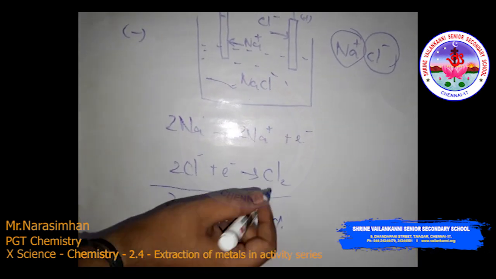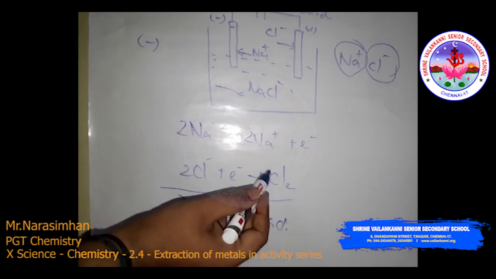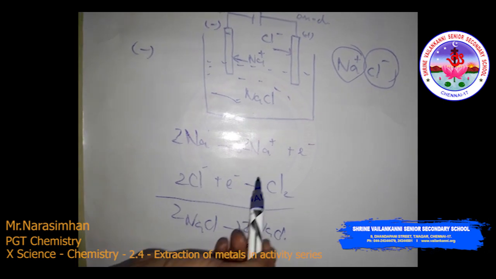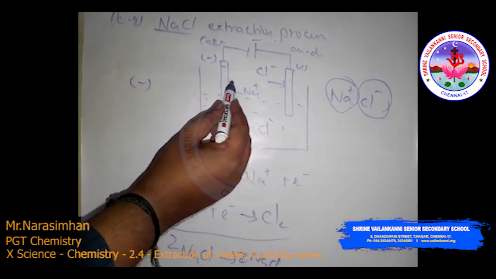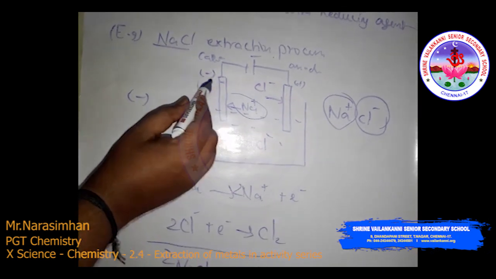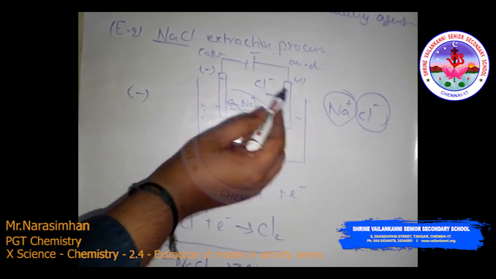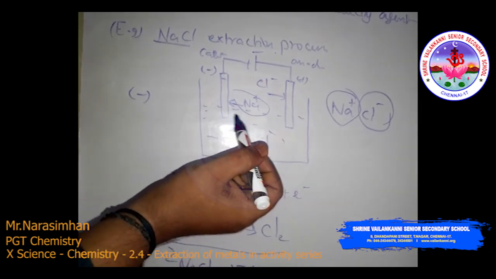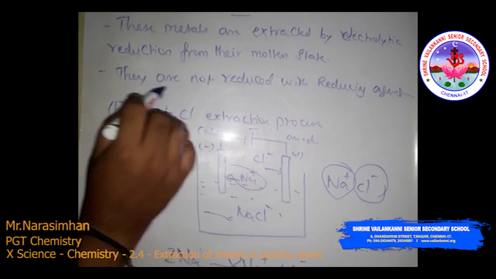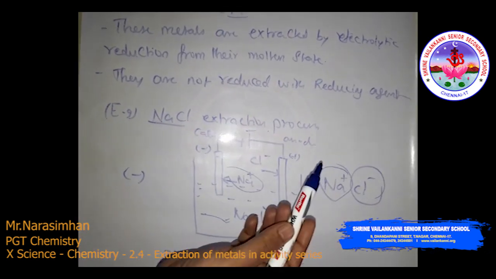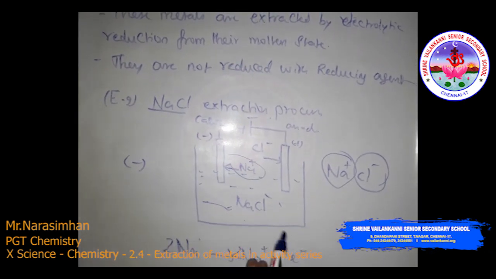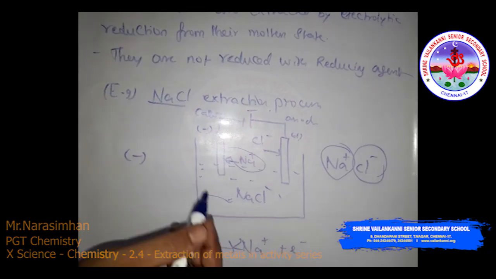Okay, so this is the cell reaction. The conclusion is that the metal, Na plus, is deposited at the cathode, and Cl minus is liberated at the anode. This is the electrolytic process for metals that are not reduced with reducing agents, so we use electric current. Okay students.